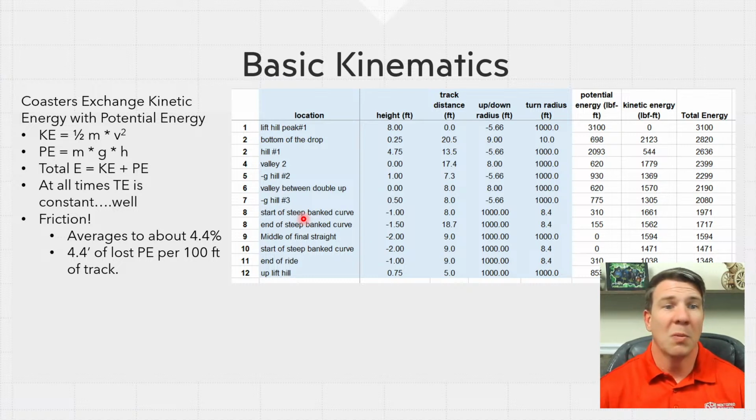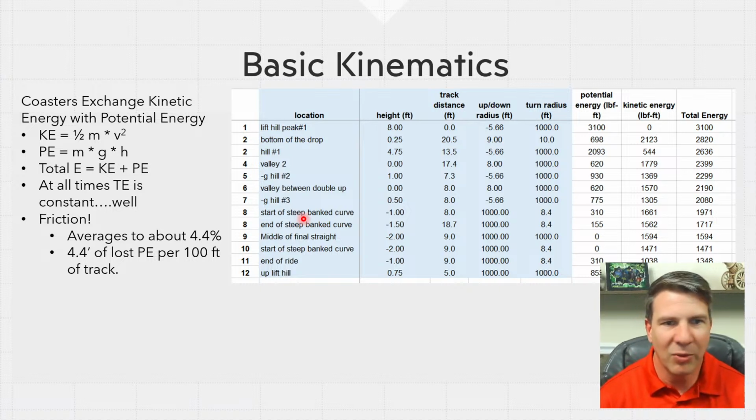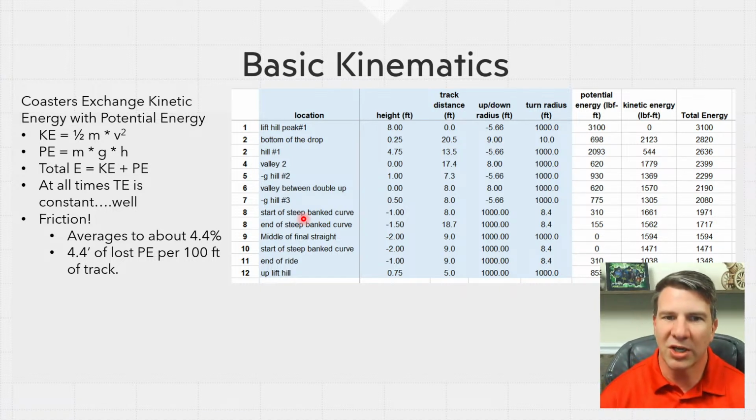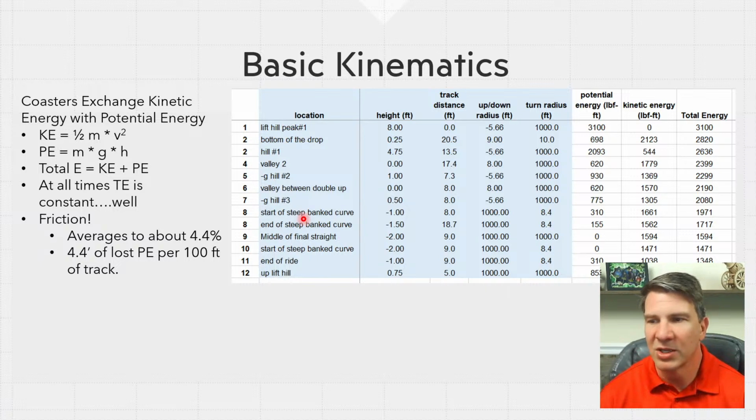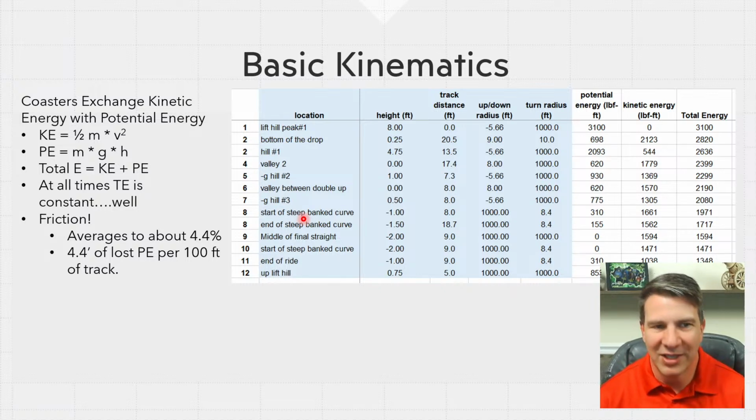If you've ever taken a physics course, you probably studied kinetic and potential energy. We know that in a roller coaster, there's a constant exchange between our kinetic energy, which is motion energy, and it's defined as 1/2 of the mass times the velocity squared. So the faster you go, the more kinetic energy you have.